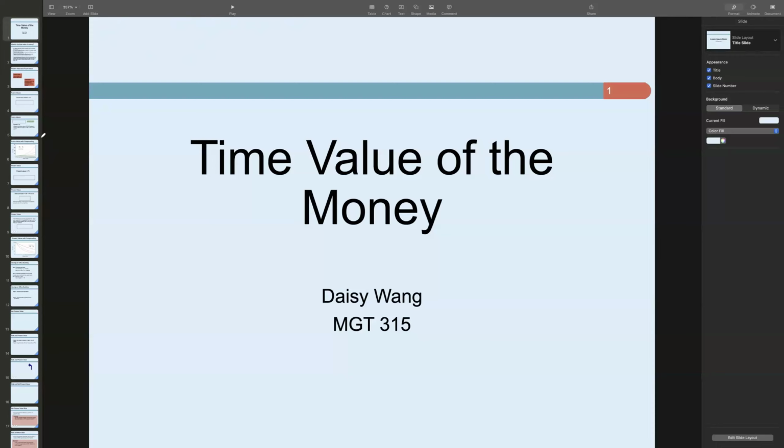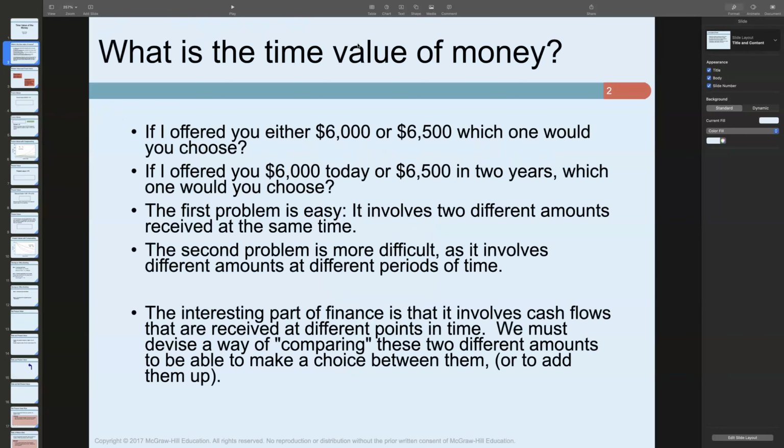So this is the time value. What is time value? To put it in a very simple example, if I offer you either 6,000 or 6,500, which one will you choose?